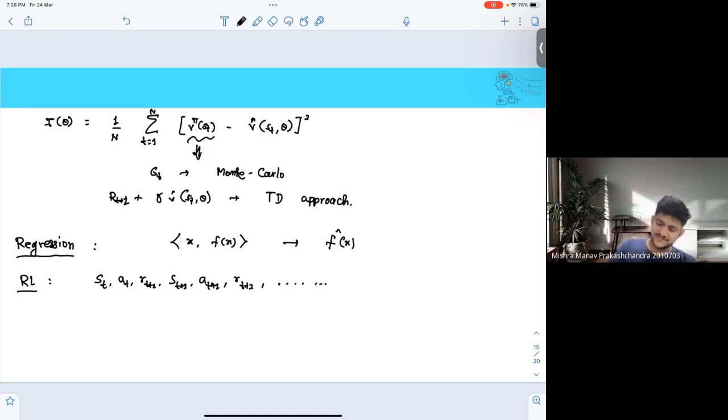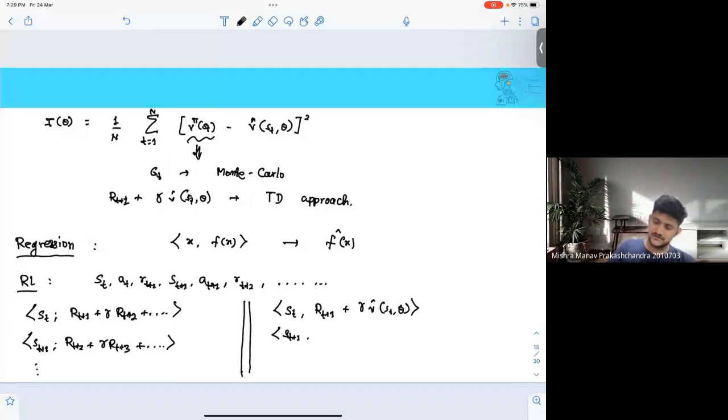Then you have state S_{t+1}, comma R_{t+2} + gamma V hat S_{t+1}, theta, right? So this way, one can represent the data over here and plug it into this Monte Carlo update.